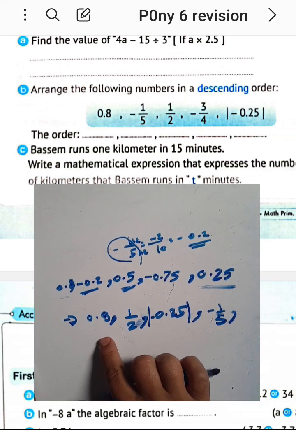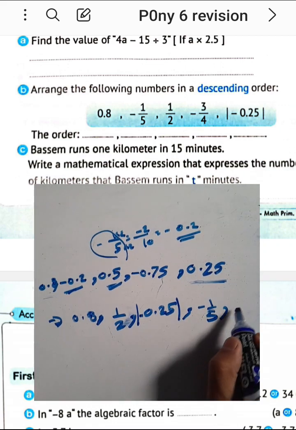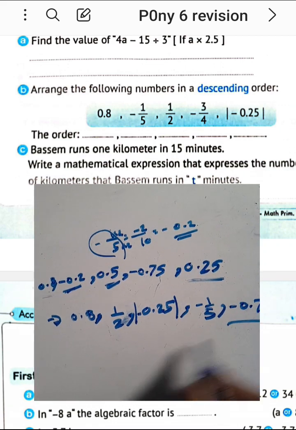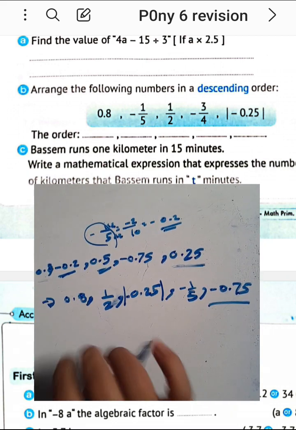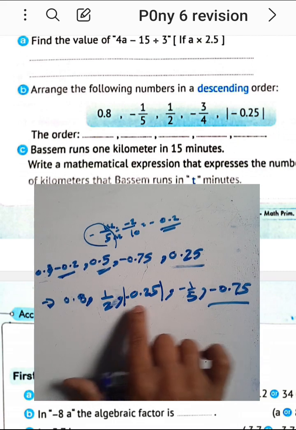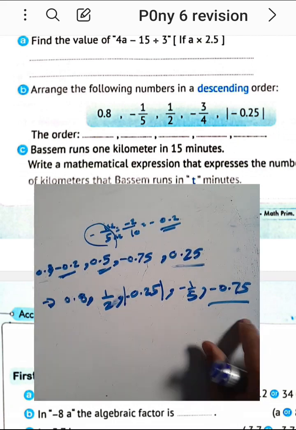And the last one, negative 0.75. My students, understood? First, second, third, fourth, fifth, we have 5 numbers. It's this order from left to right.